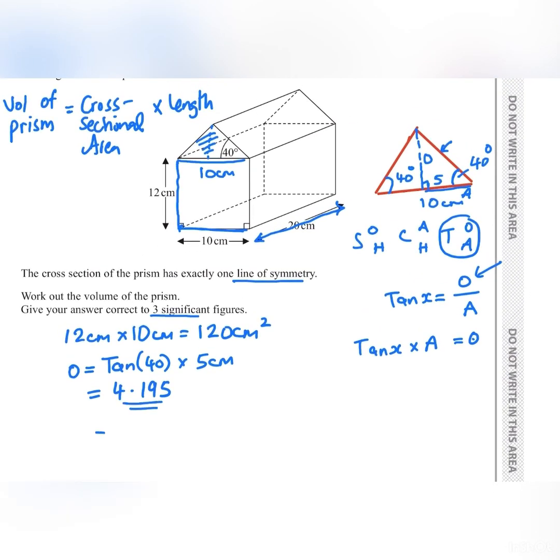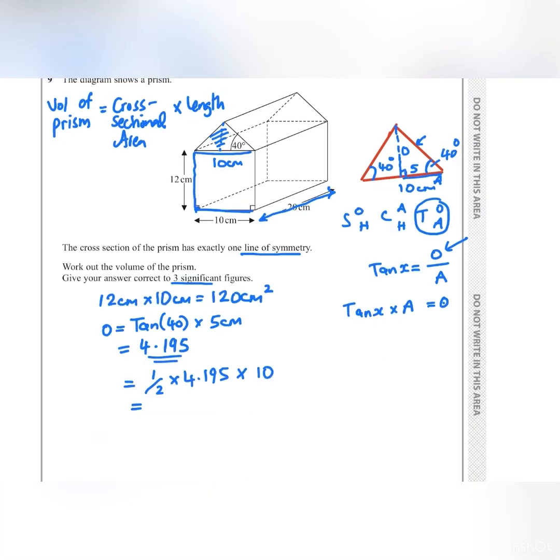So to find the area of the triangle, we need to do half times by 4.195 and times by the base of that triangle, which was 10, and work this out. Okay, that is 20.975 centimeters squared.